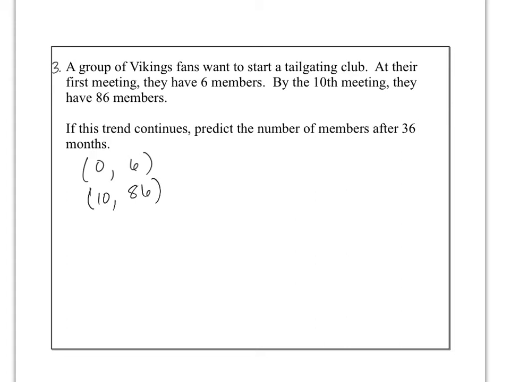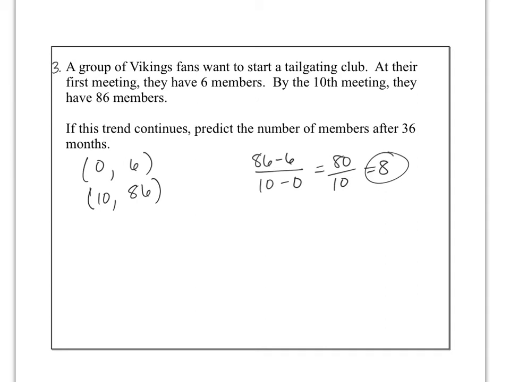So after 10 months have passed, they have 86 members. So what we can do is find the slope. We're going to do 86 minus 6 over 10 minus 0. We get 80 over 10, which is 8, which means each month they're gaining 8 more members than the month before.